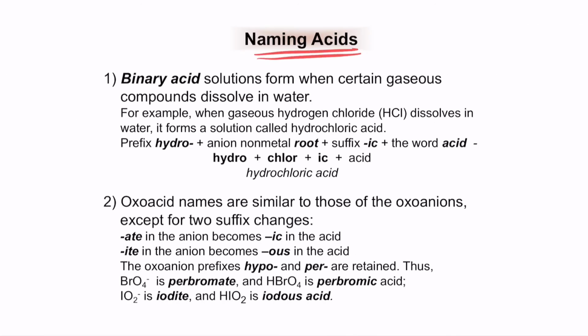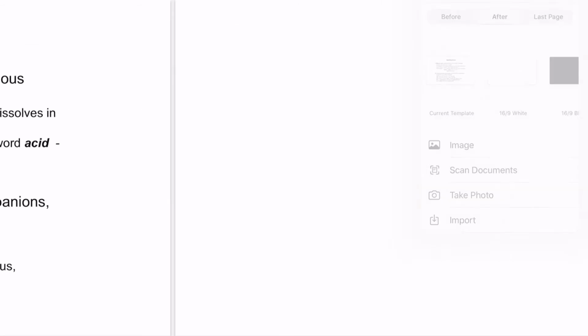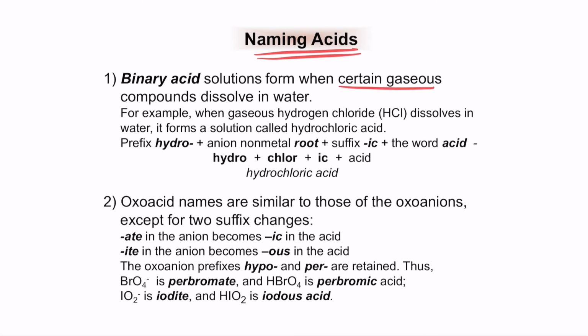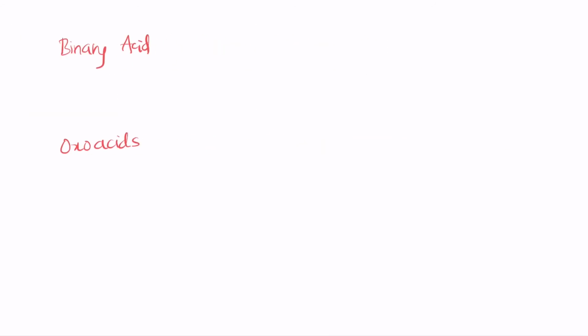Next, let's talk about naming acids. How would you name acids? There are two types of acids. One is the binary acid and the other is oxo acids. Binary acids are acids that contain certain gaseous compounds dissolved in water. For example, HCl is an example of a binary acid where you have a gas that's dissolved in water. So when you write this, how would you write this?